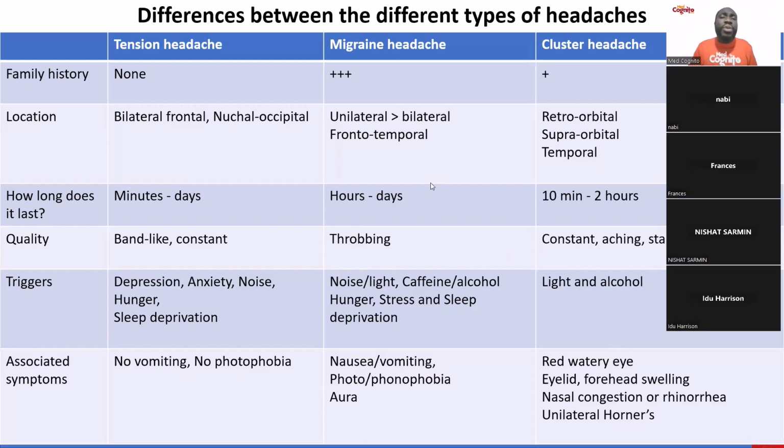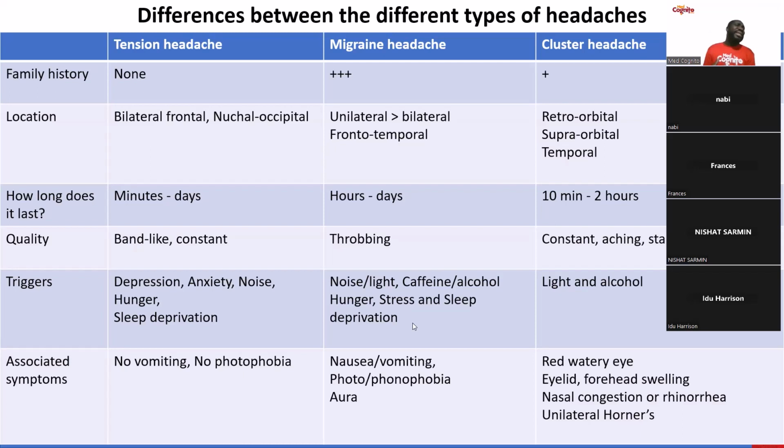So doctors, I'm going to do some permutation. This one, I don't want you to shout the answer. I just want you to type your answer for me. You have a 38-year-old lady who works as a secretary in a law firm. The owner of the law firm has died and a new partner has bought the law firm, about 2 months ago. This lady comes to you saying, look, doctor, I'm having severe headache.